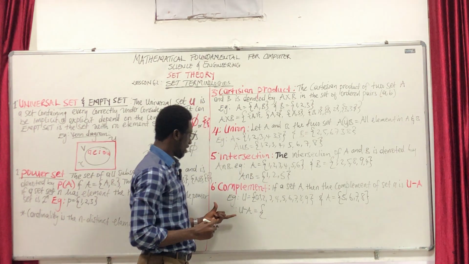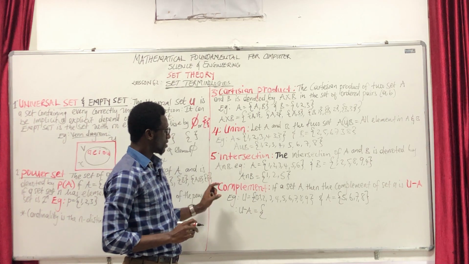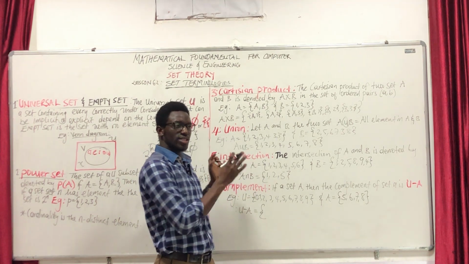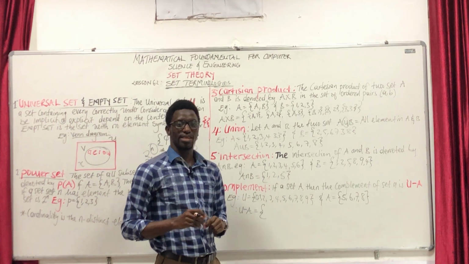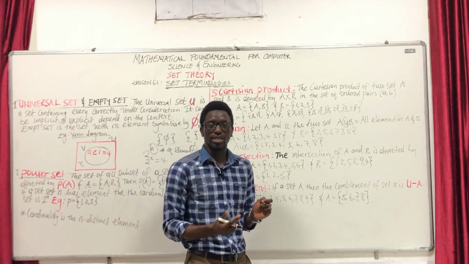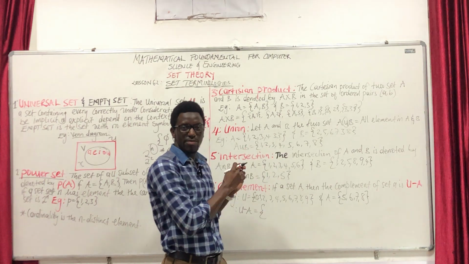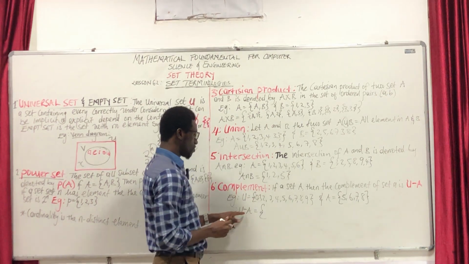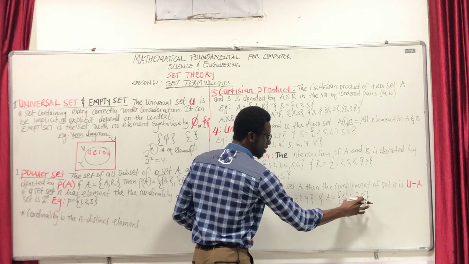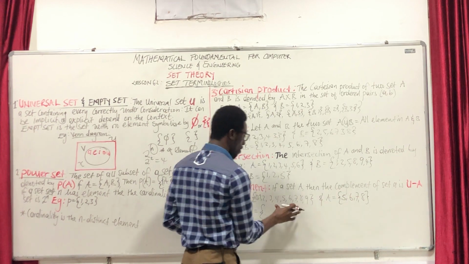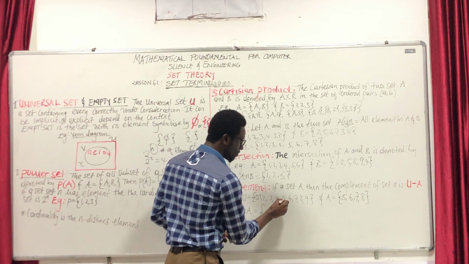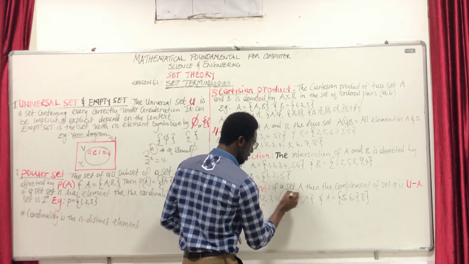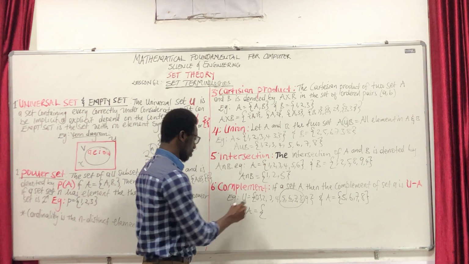The last one here is complements. For complements, we have a universal set, all the elements in set U, and we have two sets, U and A. If we want to give the complement of A, it means we subtract the elements of A from U. So here is another example for complement, U minus A. We subtract these elements of A from U. So 5, 6, 7 and A will be removed from the set, and the remaining elements will be the complement.